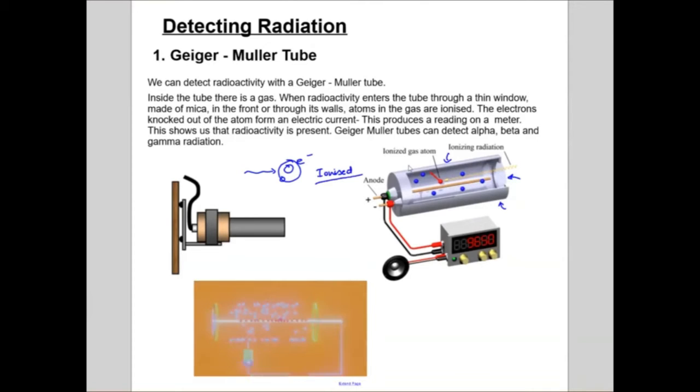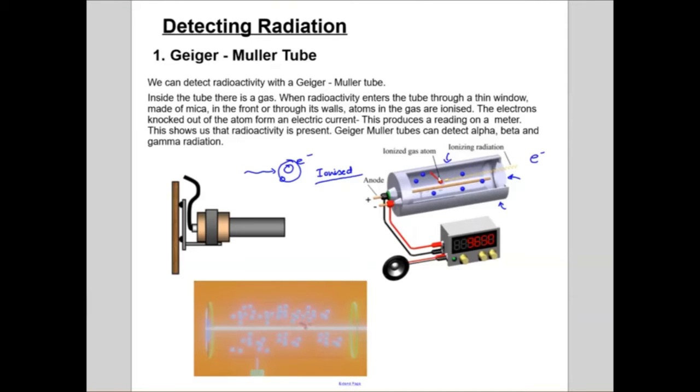Basically, they would ionize, they would knock off some electrons from the atom, and those electrons would get attracted towards the anode, right? Those electrons are negatively charged, and since the metal wire in the center is positively charged, they would get attracted towards the positively charged wire.